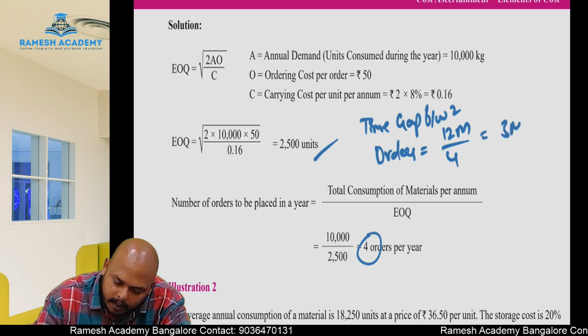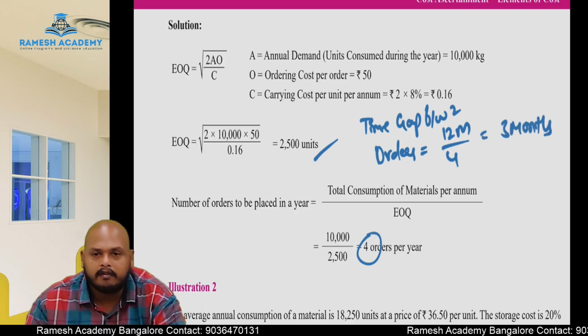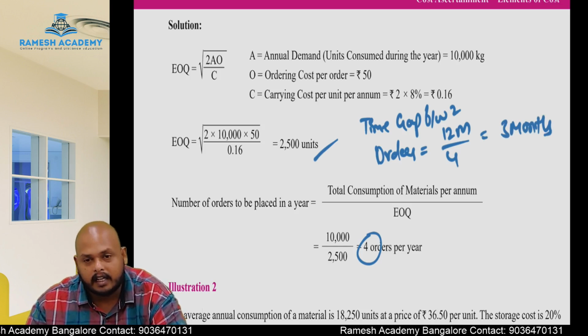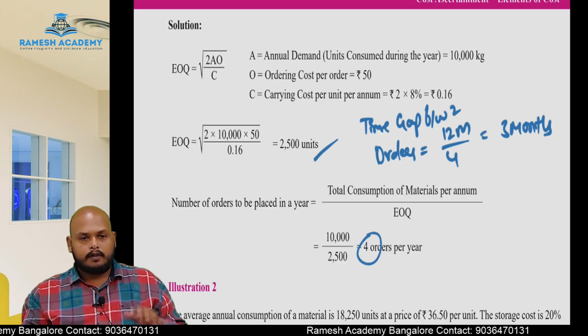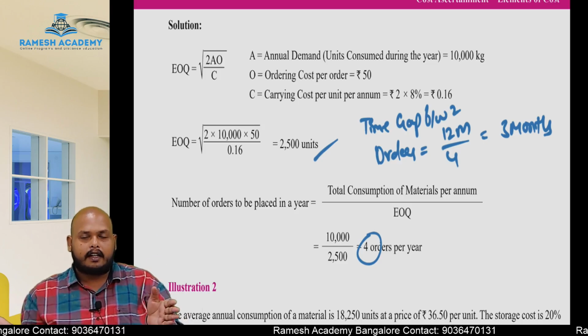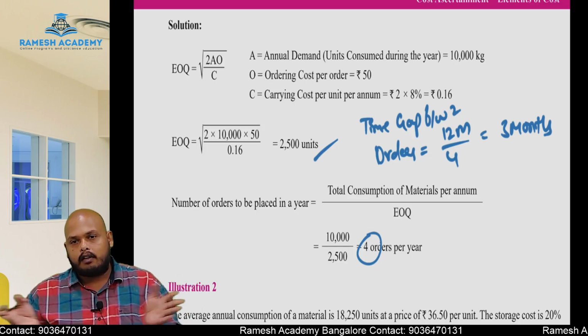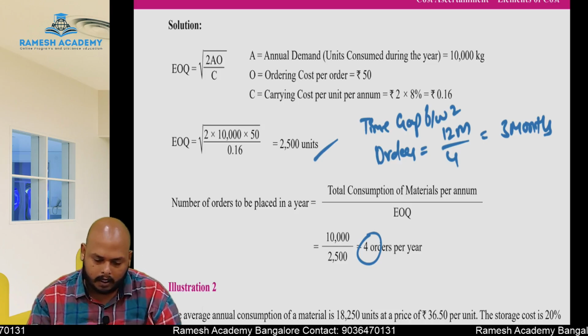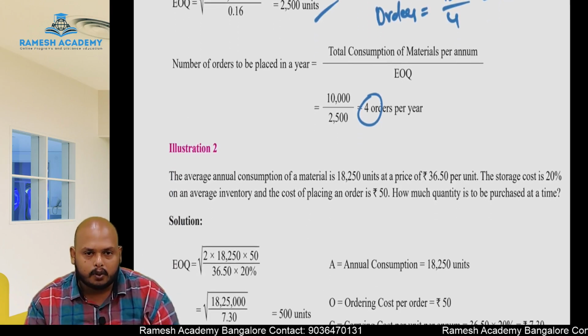That is nothing but 3 months. For every 3 months once we have to place an order. That is the meaning. Time gap between the first order and second order is 3 months. That is called the time gap between 2 orders.